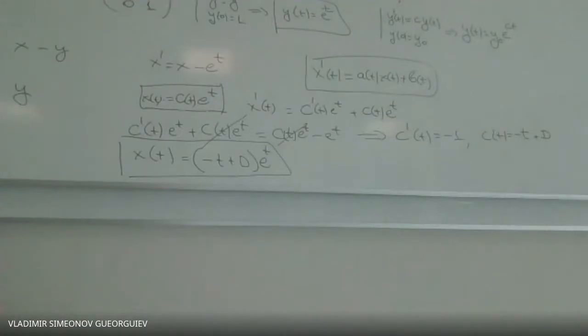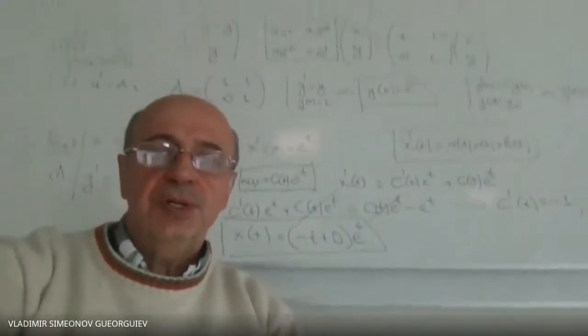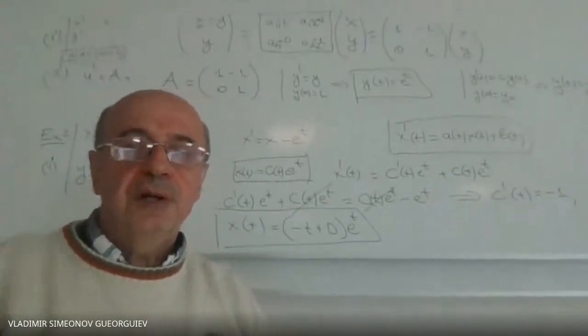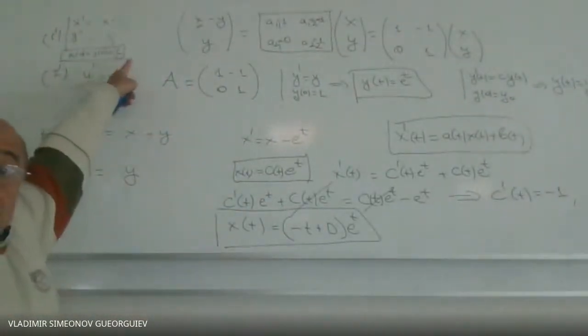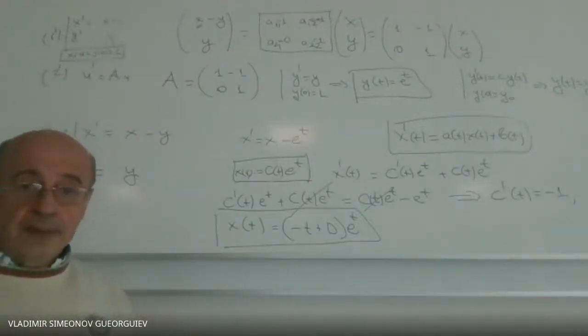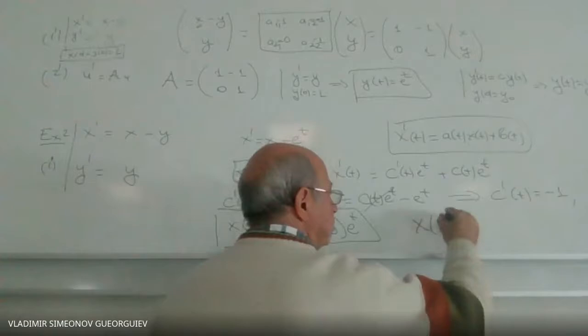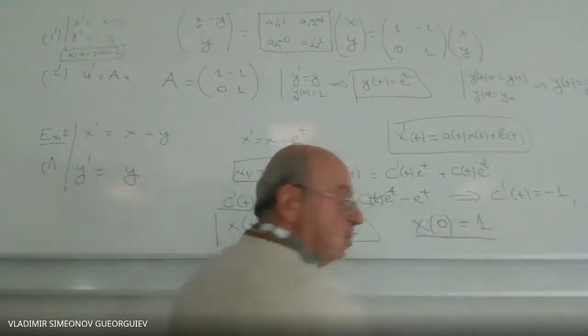What we don't know is what is d. From where we shall find our d? Of course, from initial data. We know x at 0. This was, let us remind you, for students here above. As you can see here, we have taken initial data in the point 1, 1. This means in this relation, I know that x(0) is 1.